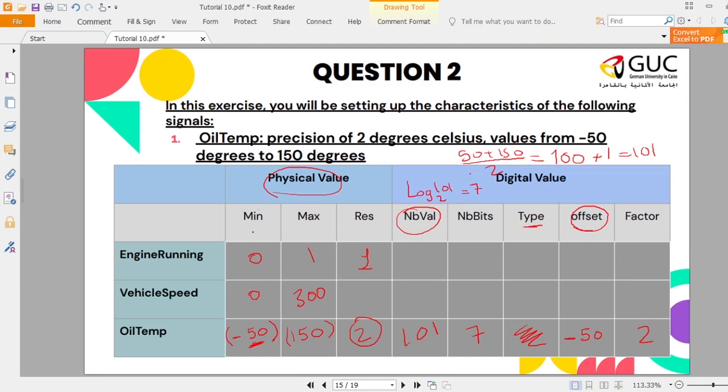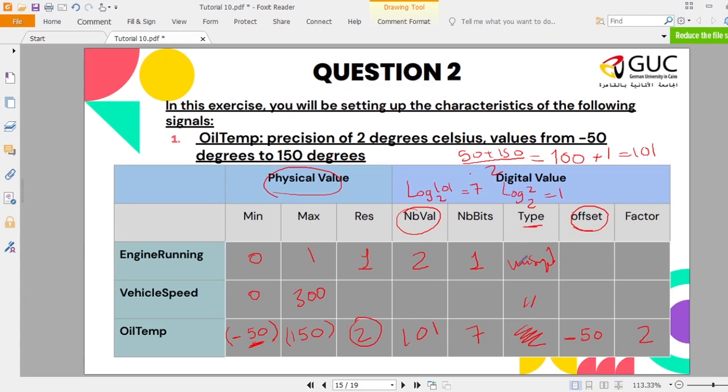We count our minimum and the maximum, 0, 1, so the total number of values here is 2. And the number of bits to represent it is log base 2 of 2, which equals 1. So the number of bits is 1. Our type is unsigned, as previously mentioned.